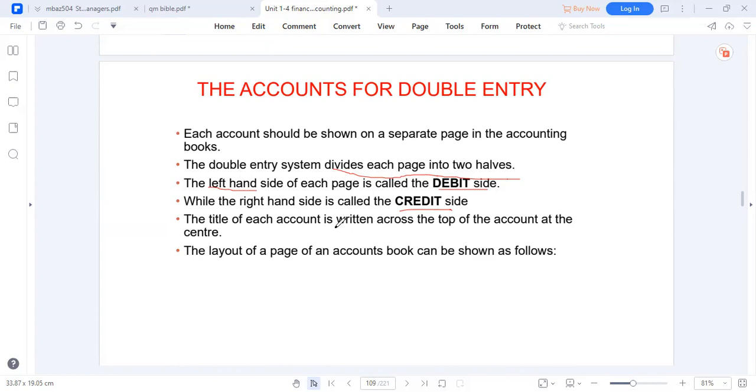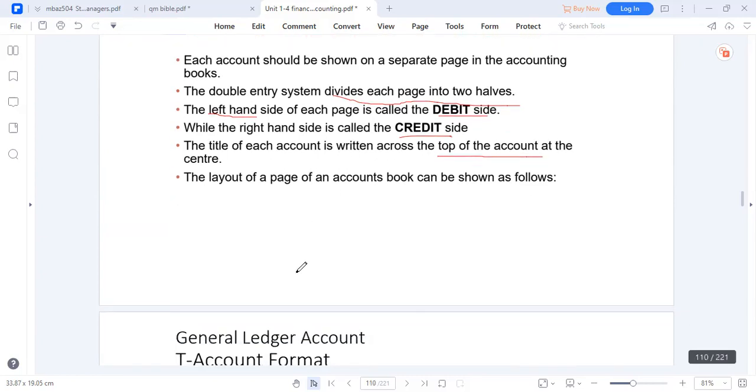The title of each account is written across the top of the account at the center. So you draw a T account with the debit on this side and the credit on the other.